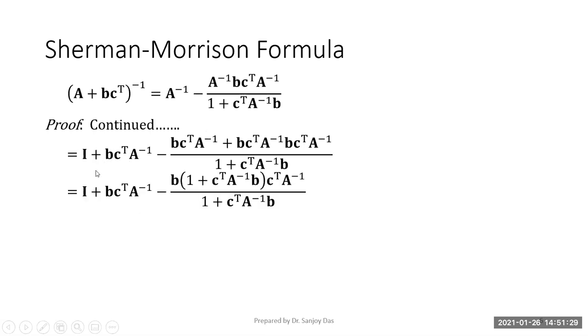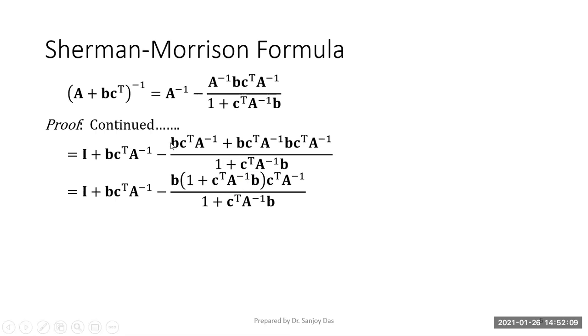So what I do is I further simplify like this. I see that B is on the left-hand side of both these terms. So I take B common, and then 1 plus C transpose A inverse B. And then on the right side, I take C transpose A inverse common. Now, what's in this parenthesis here is a scalar, right? C transpose A inverse B is a scalar, correct? 1 plus C transpose A inverse B is a scalar.